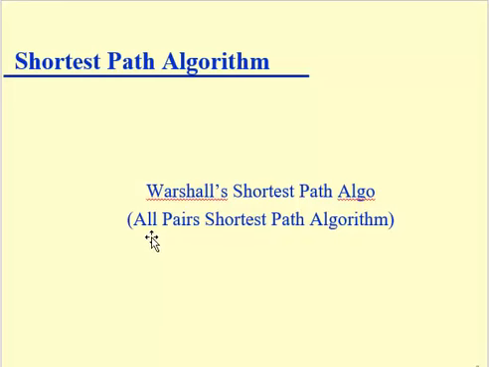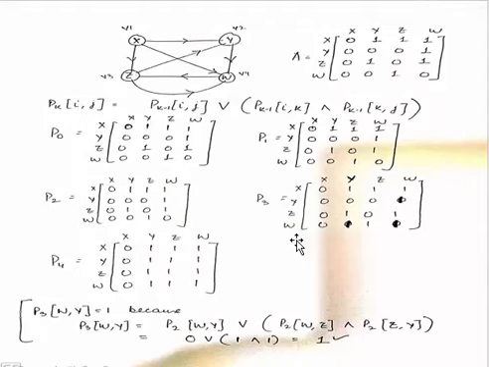This is also called the all pairs shortest path algorithm. Why is it called all pairs? Because it will give you the shortest path between any pair of nodes from this graph. You take either x, w, or z, x, or z, y, it will give you the shortest path between them.